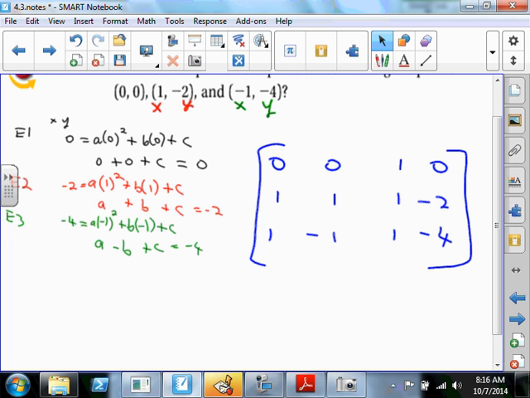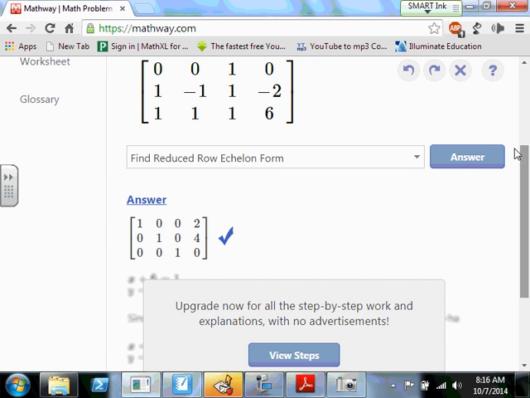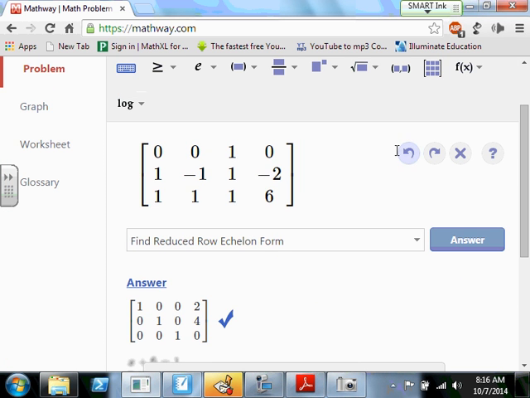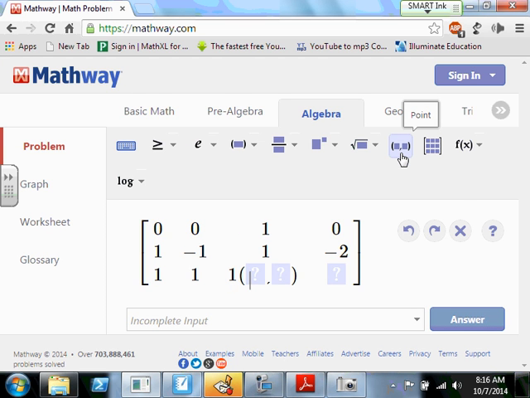So what should I do with that matrix? Stare at it? I should get it tattooed on my forearm. So I'm going back here to Mathway, and I'm going to undo. Well, let me just start over.